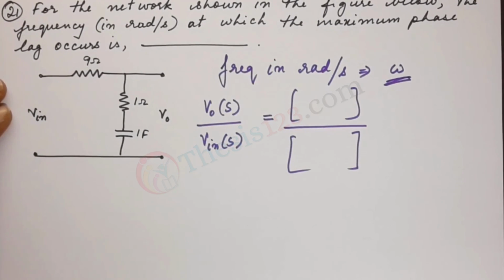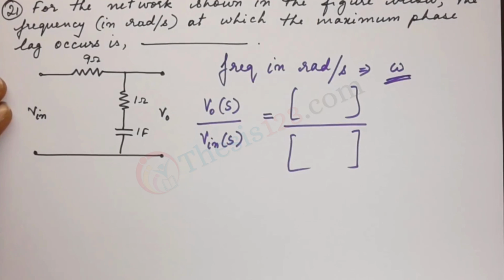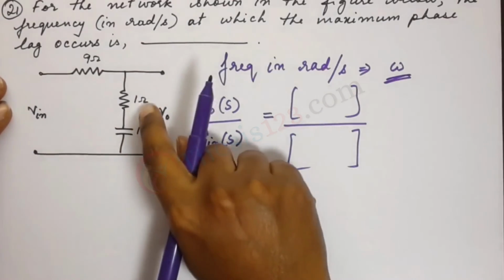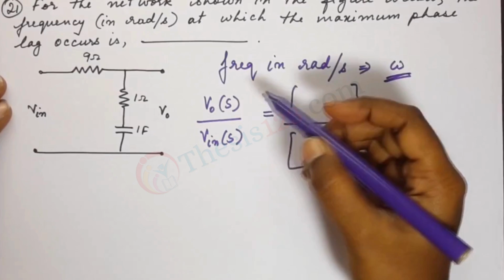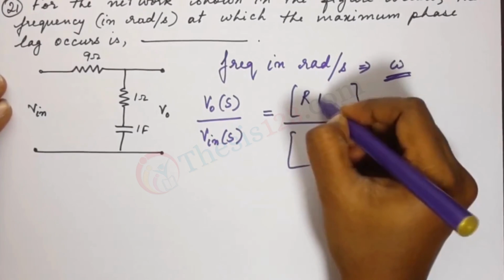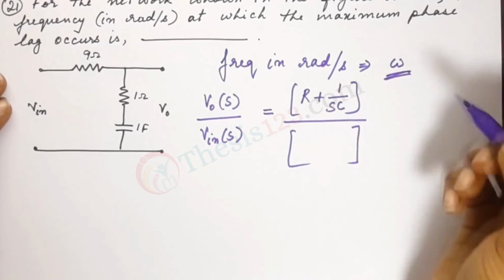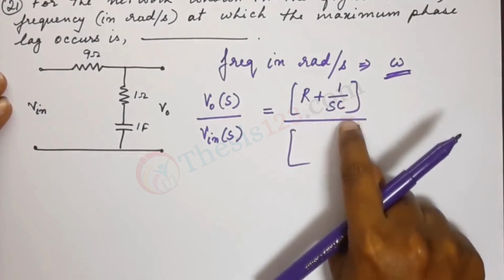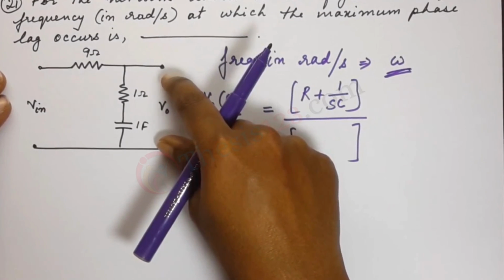So the output here is based on the resistance and the capacitance here. So resistance, it's across this, and we need it in terms of S. So that is R plus 1 by SC. So that is across the output here.